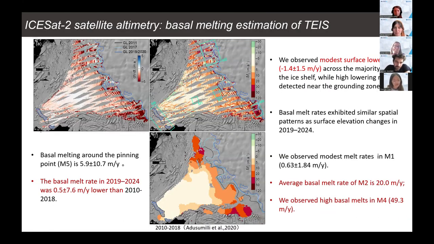In most areas of the ice shelf, the elevation change and the basal melting rates are slightly negative, but we can see very intense surface lowering rates and basal melting rates near the grounding line, especially for this region M4. The average basal melting rates can reach approximately 50 meters per year.